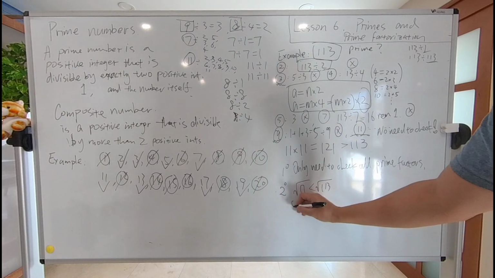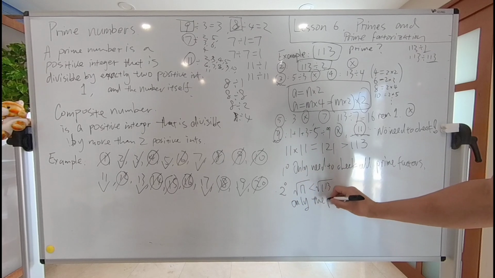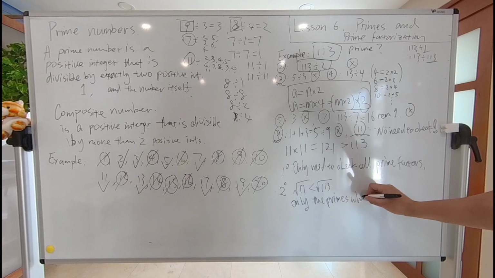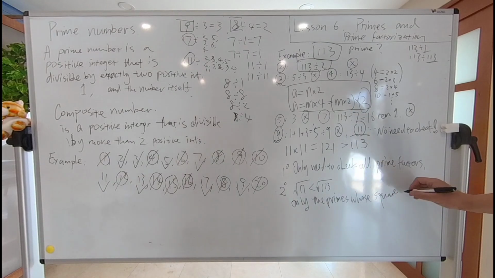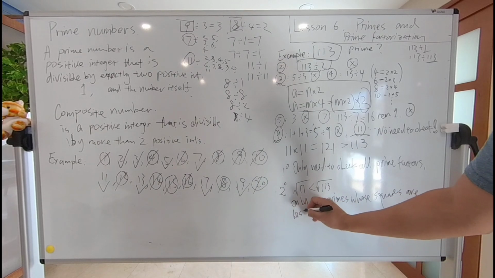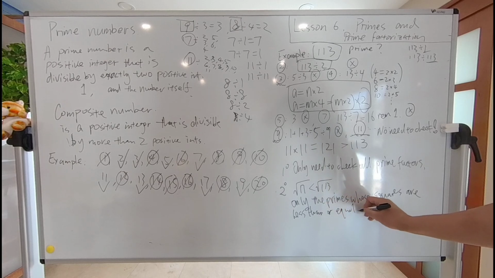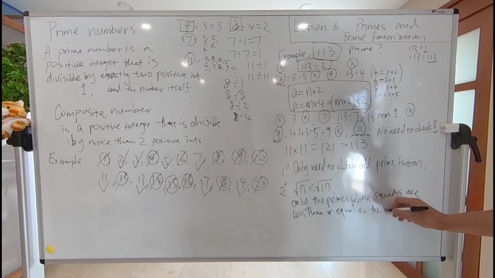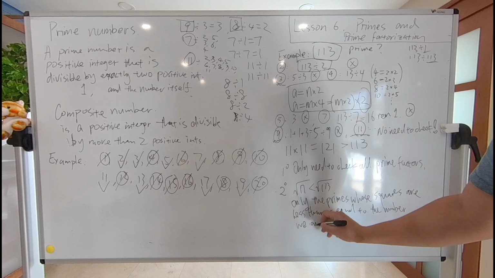Let me write it down in plain language. So only primes whose squares are less than or equal to the target number, or the number we are testing.